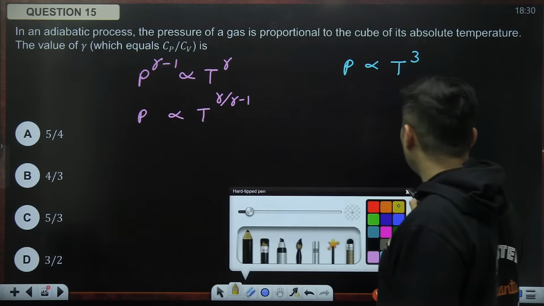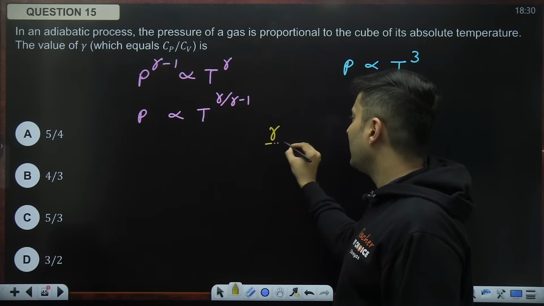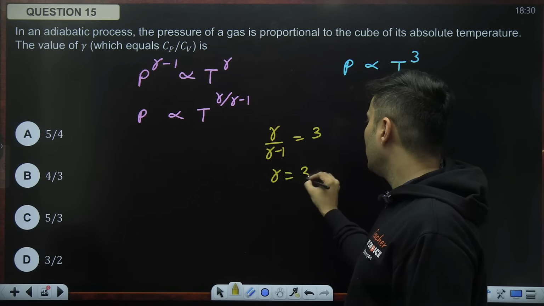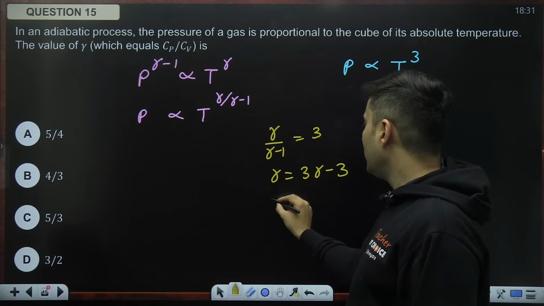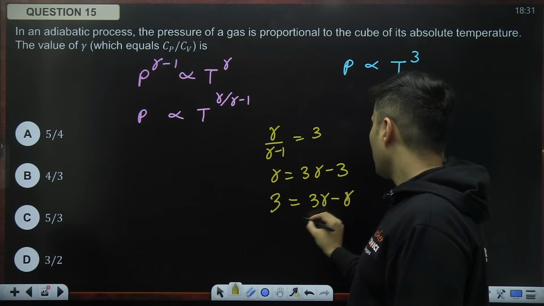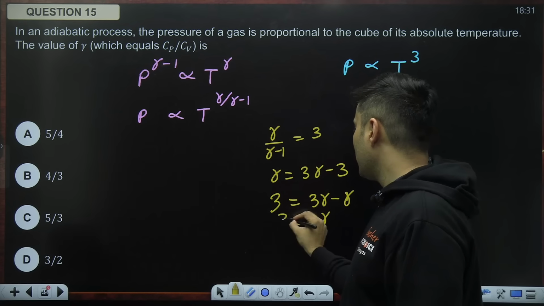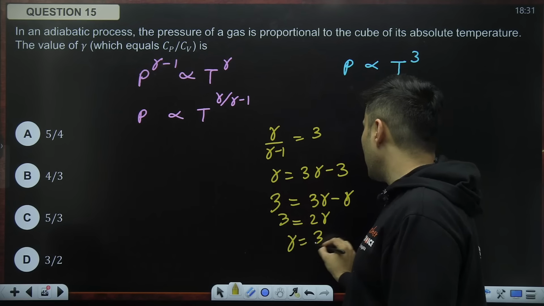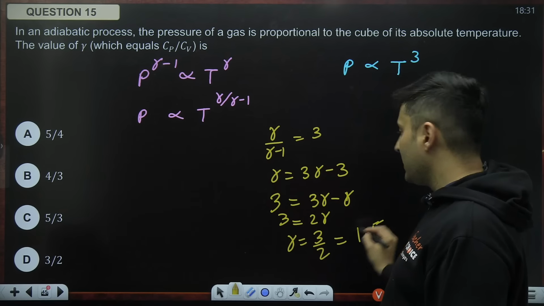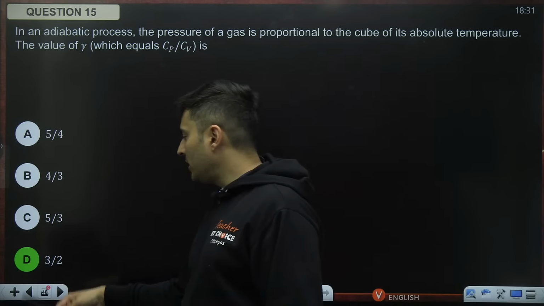Comparing both of them, it is evident that gamma upon gamma minus 1 is basically 3. So gamma will be equal to 3 gamma minus 3. So 3 on this side will be 3 gamma minus gamma, which is 2 gamma, equal to 3. So gamma is equal to 3 by 2, which is 1.5. So 3 by 2 is the answer, which is obviously option D.